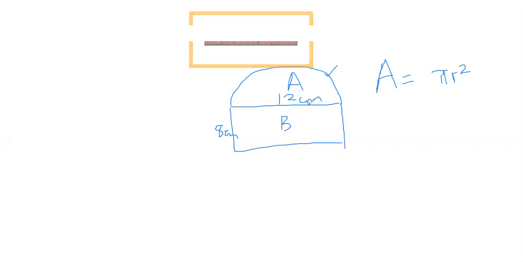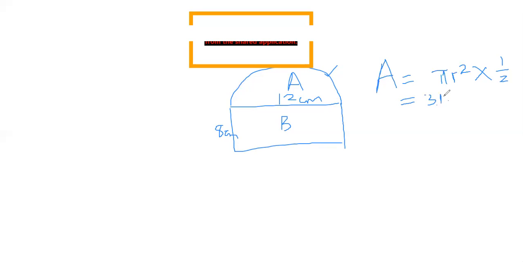So to find the area of shape A, the area is pi r squared. That's how we find the area of a circle. But remember, A is a semicircle, meaning after all this, we multiply the answer by half.